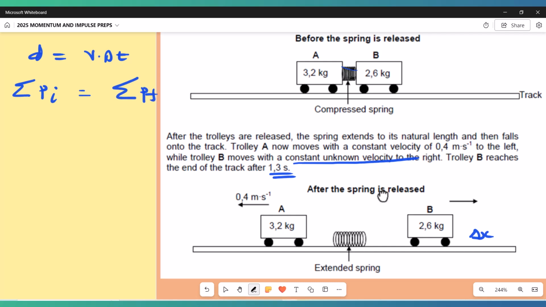Because they were all together, they were stationary. So we combine the masses: M1 plus M2 together, having the same V initial, equals M1 V1 final plus M2 V2 final. The masses I know: 3,2 and 2,6.